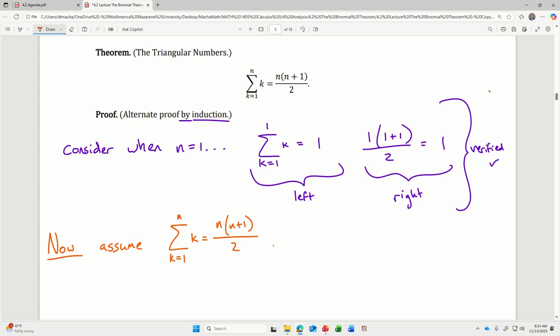And then we need to prove that this formula is also going to work for the next case. And the next case is the case where n is now n plus 1.